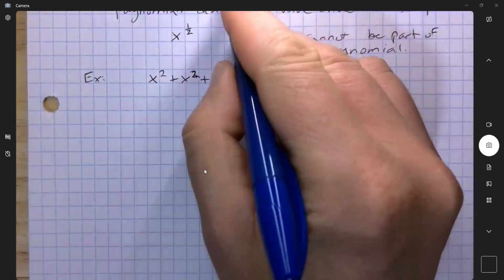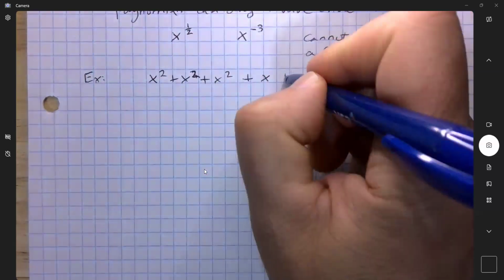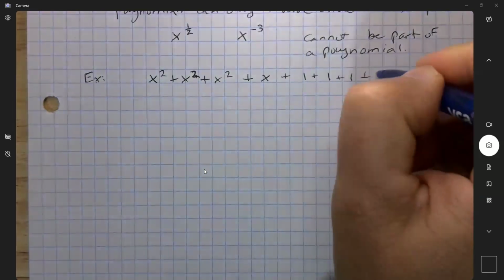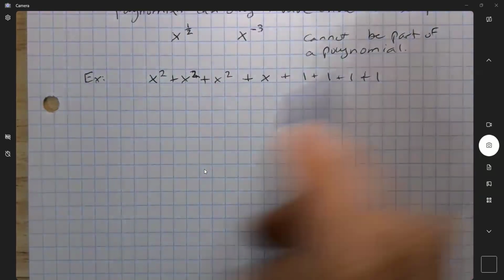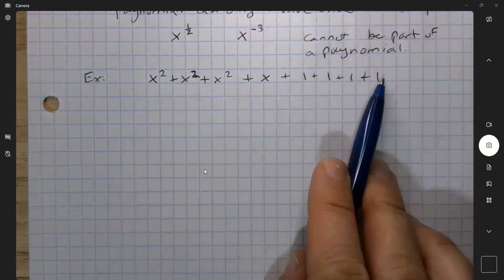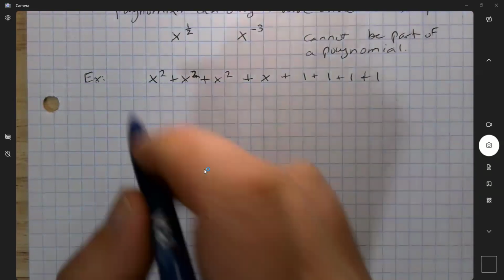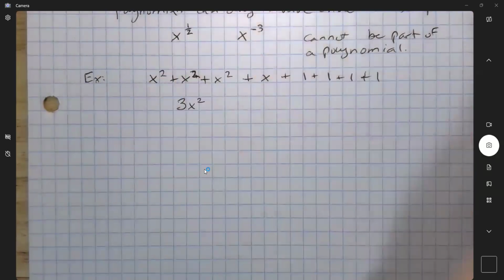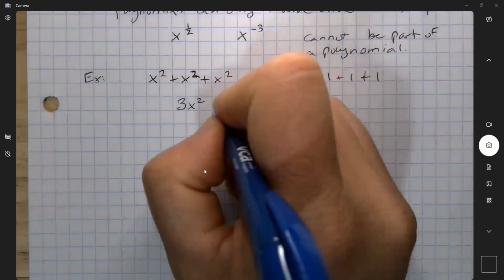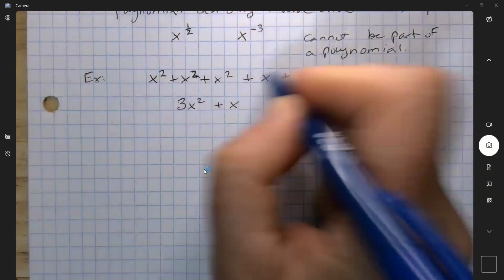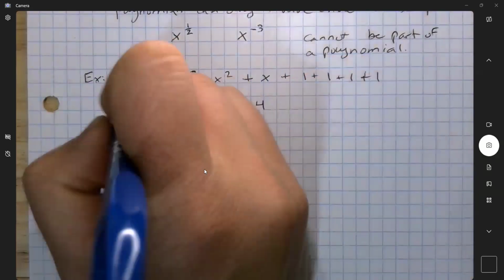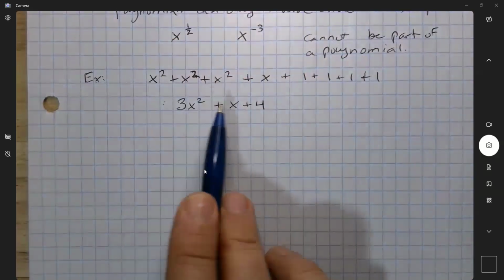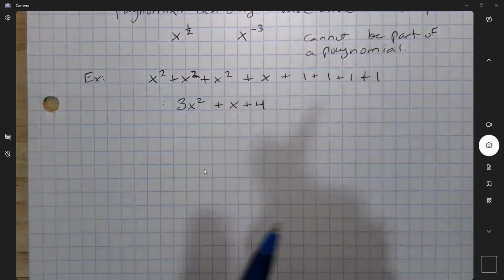And remember, number 1 is also a power of x. So let's do 4 of those. But writing them like this is really inefficient. And so instead, if I'm going to have 3x squareds, I just write it as 3x squared. And I have a single x, and then I have 4. So this right here is a polynomial. 3x squared plus x plus 4.